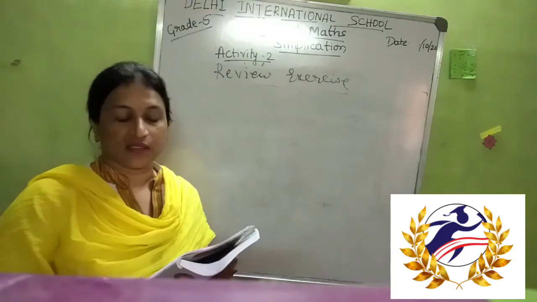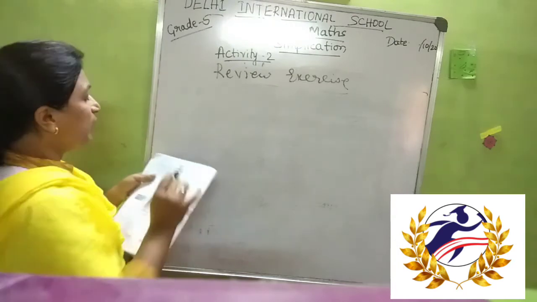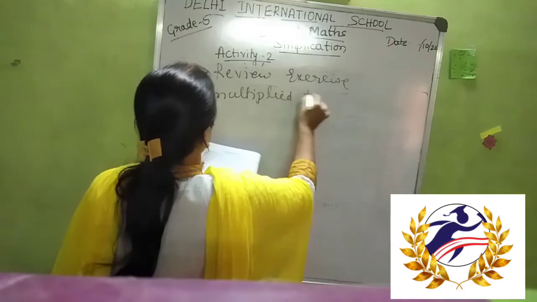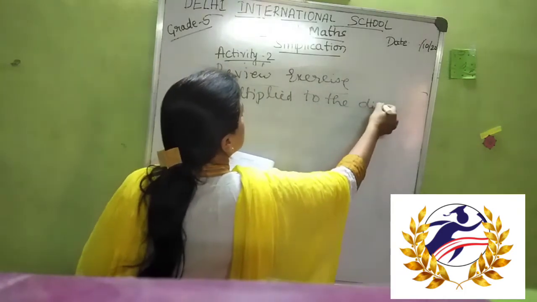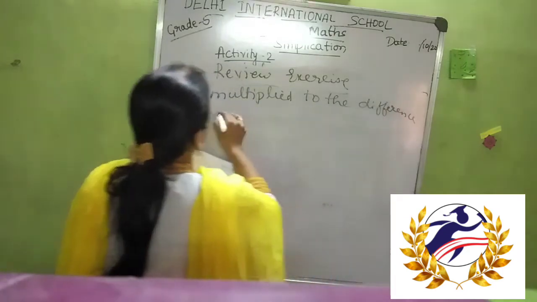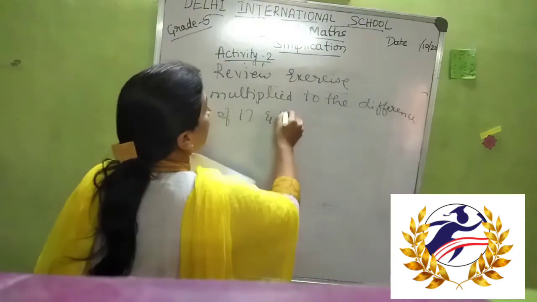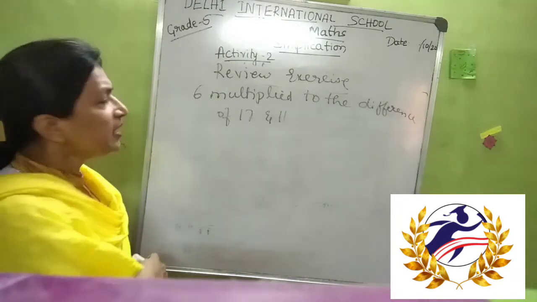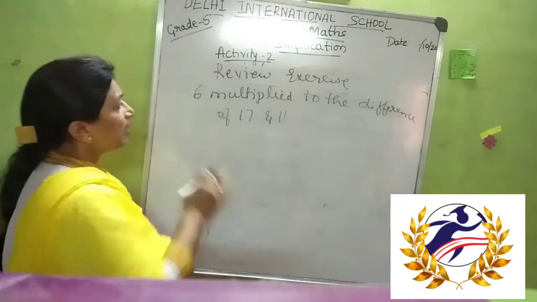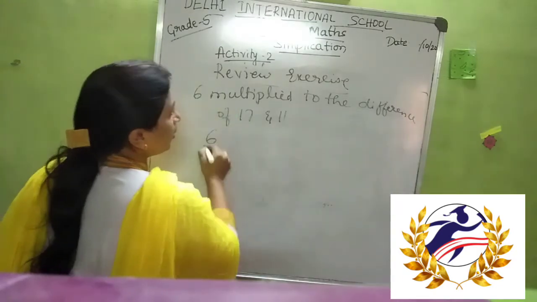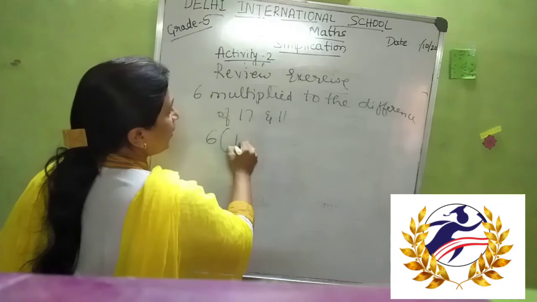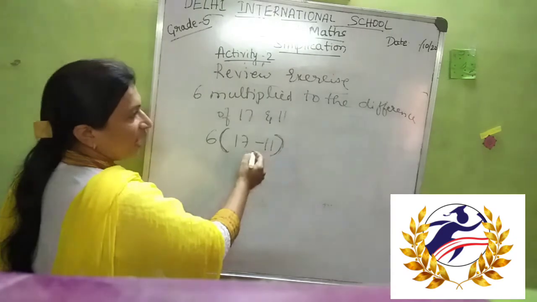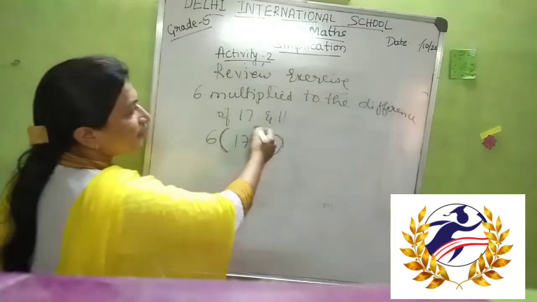In the review exercise, first, in the first main, write a mathematical expression for each of the following using brackets. Okay. So 6 multiplied to the difference of 17 and 11. They have given the sentence like this, and we need to express it in numbers and signs. 6 multiplied to the difference of 17 minus 11. 6 is multiplied, so I put a bracket because the difference of 17 minus 11 should be written.